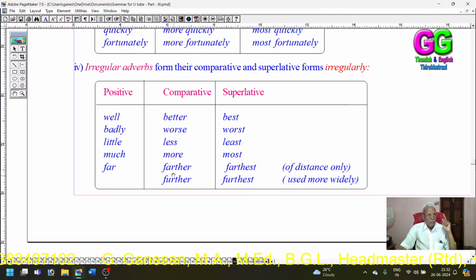See, this form is used only to refer to distance. But this form is used more widely.